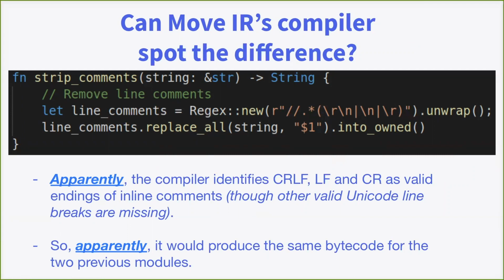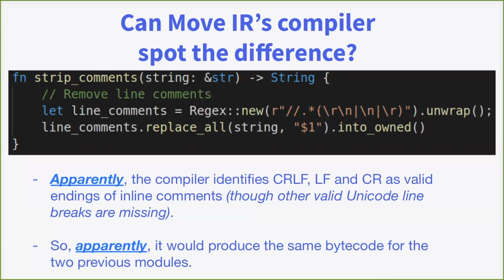Though I must warn you, there are other valid Unicode line breaks that should be taken care of, that even if this function had worked properly, they would have been still missing other types of line breaks. But let's for now focus on what this function is trying to do, just that.